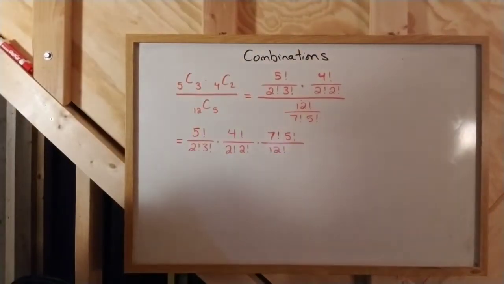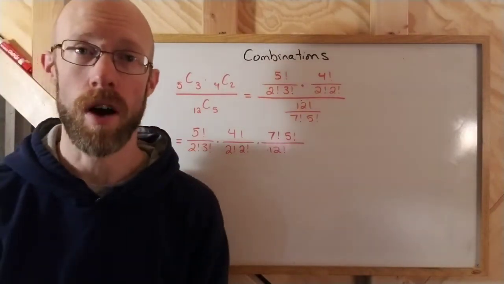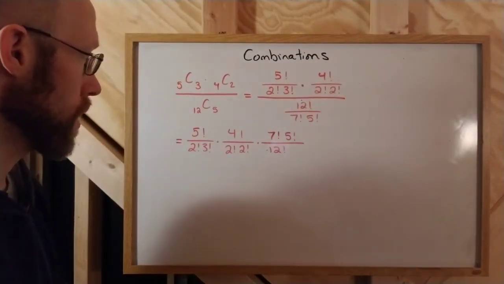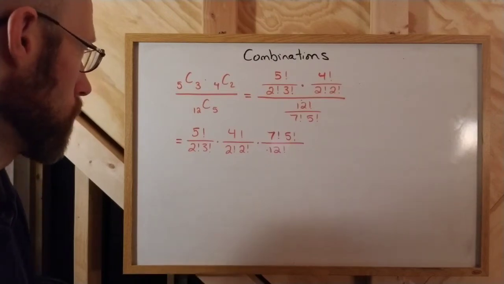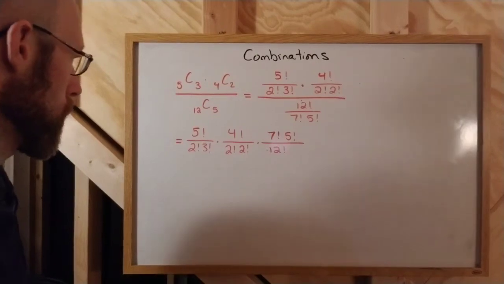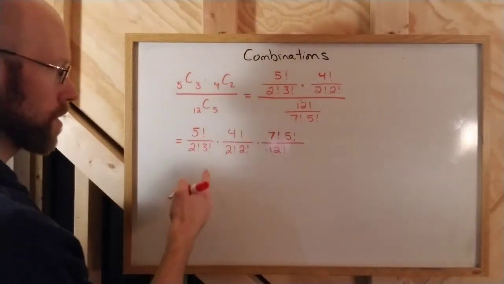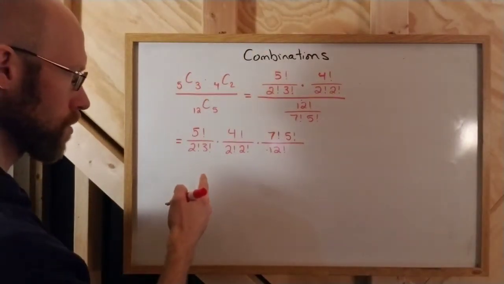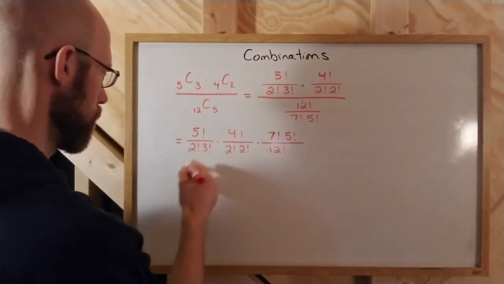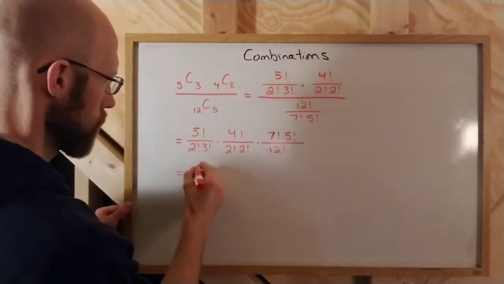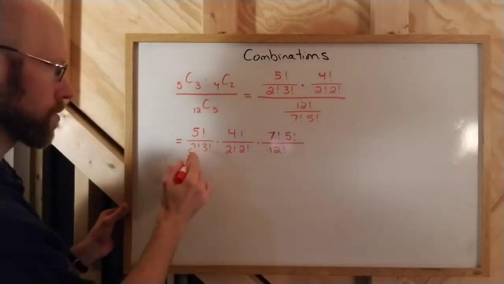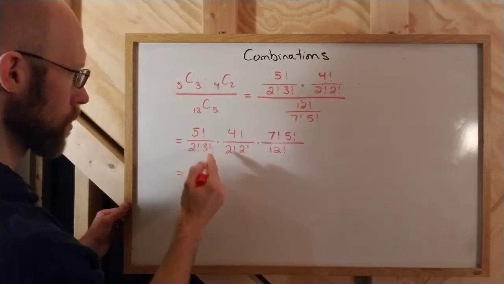Okay, and so now I just try to cancel stuff off, and this should work out kind of nicely. I've got to try to pair up some things that'll really drop out well. So this 5, maybe I'll take the 5 and drop out the 3 factorial.